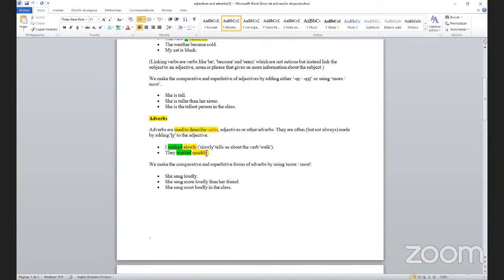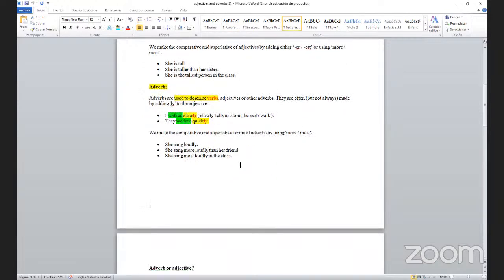They worked quickly. Ellos trabajaron rápidamente. So the meaning of ly in Spanish is like mente at the end of the adjective. He sang loudly. Él cantó fuertemente. So, as we can realize, we are qualifying the verb, not the adjective, the verb.